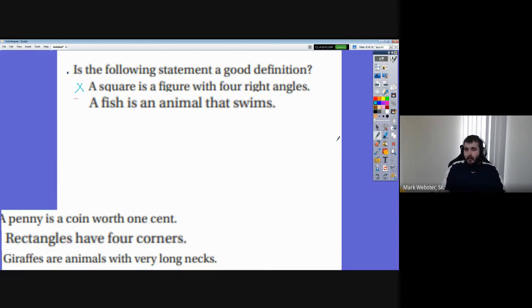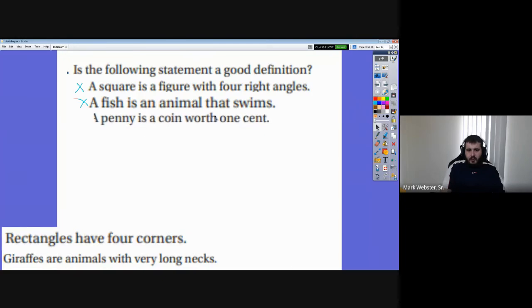What about a whale? Or a dolphin? Or an otter? Or a seal? Or a squid? Well, squid's a fish, right? There are lots of things that swim that are not fish. So that doesn't work either.